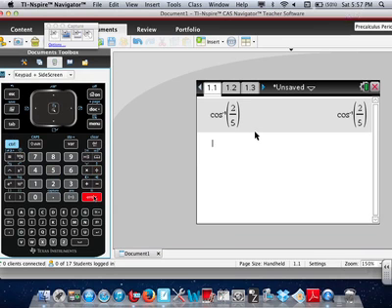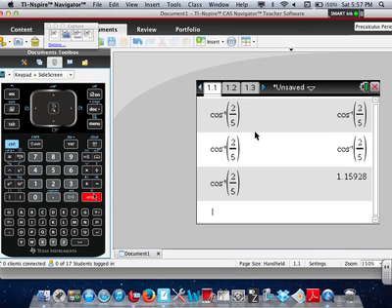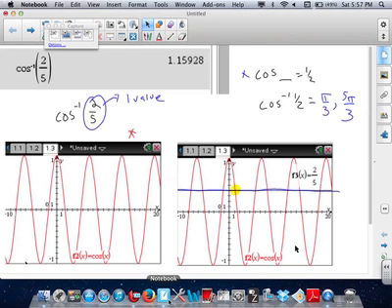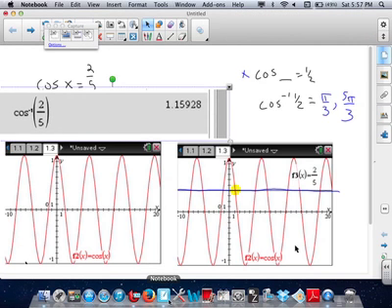And on my calculator, if I do Control Enter, I'll get 0.15928. I'll put that in my notes. And I could do that relatively easily in one step.